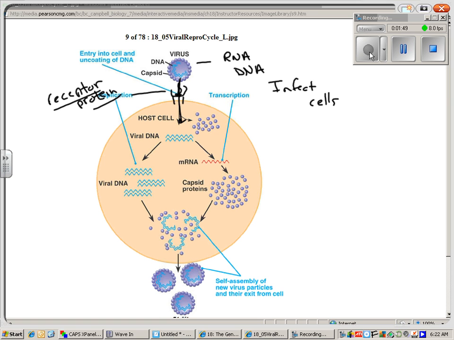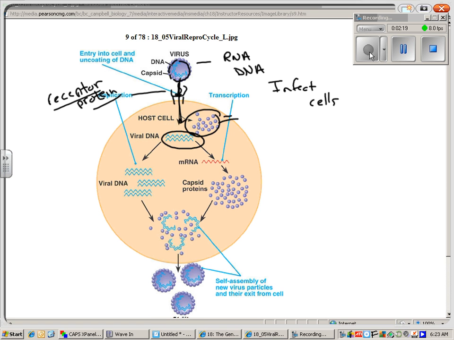When it comes inside the cell, this is its protein coat. Its coat dissolves, and what's left is the viral DNA. Now, there are a couple ways a virus works after this. Usually what the virus does is incorporate its DNA into the cell DNA.